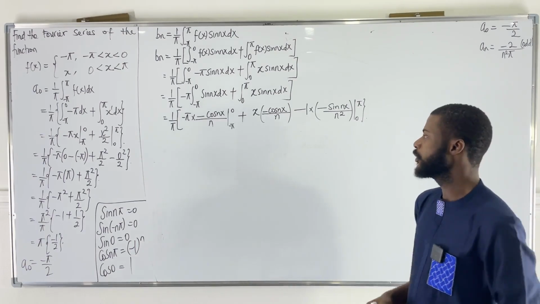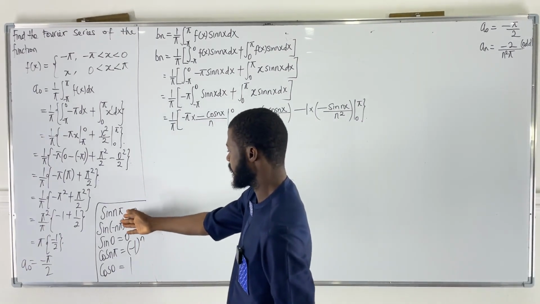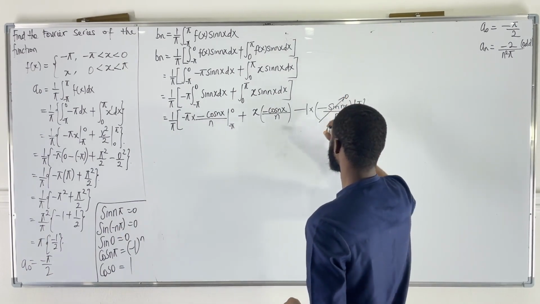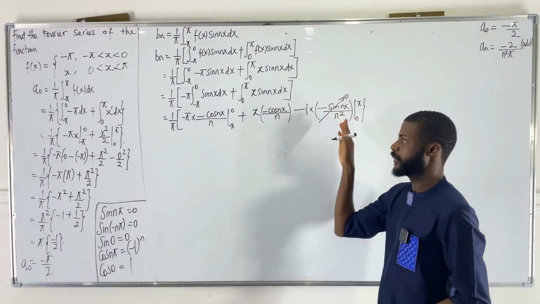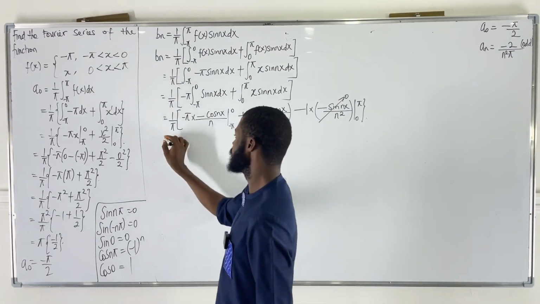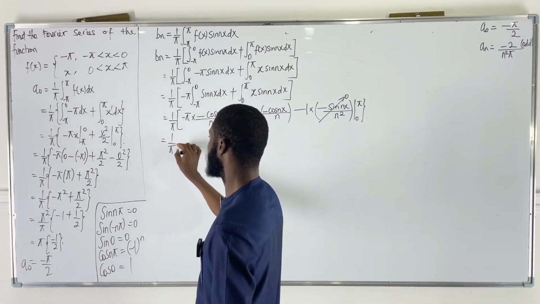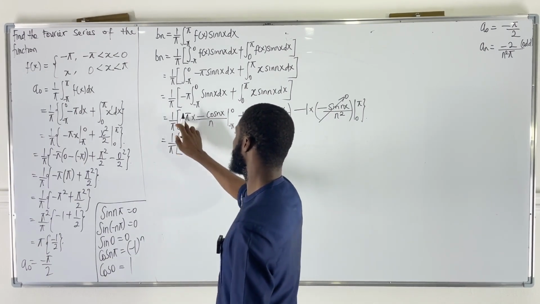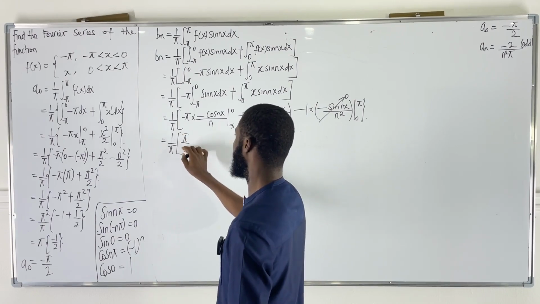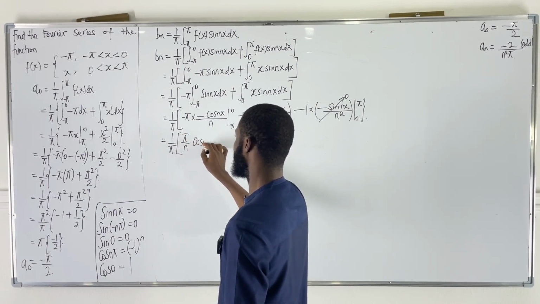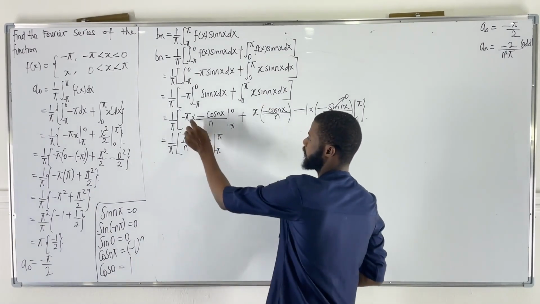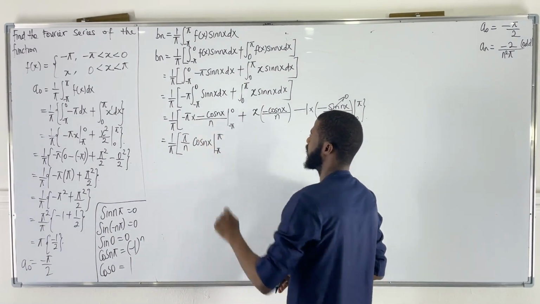Now again, according to what we did before, sine would be giving me 0. So I'm just going to throw this one away. So this will become 1 over pi. Then I have minus times minus will give me plus. So this will be pi over n cos nx from minus pi to pi. I said pi over n, that's what I did here.